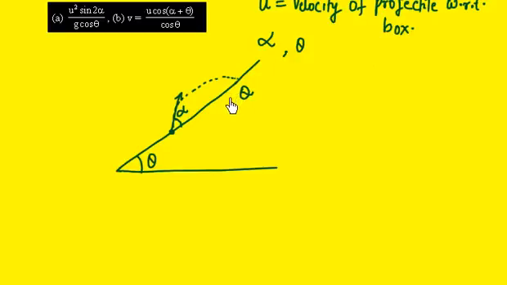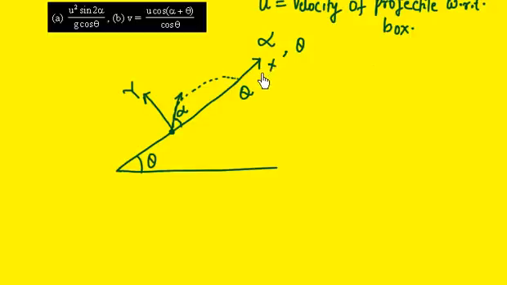And to solve this problem, I will change my coordinate system. So if I take this as my y axis, which is perpendicular to this incline, slightly difficult to draw, this is my y axis, and this incline is my x axis.